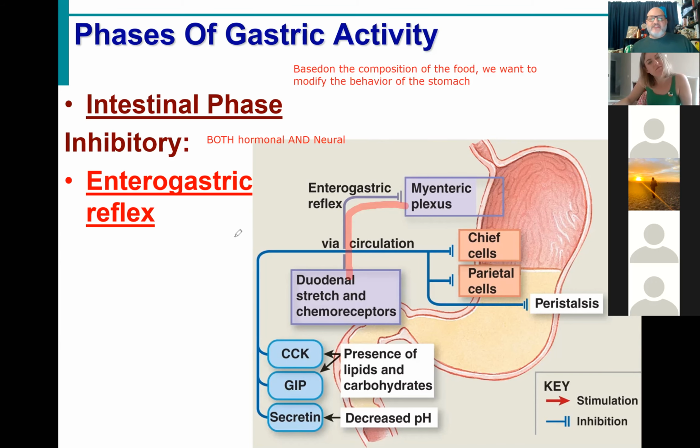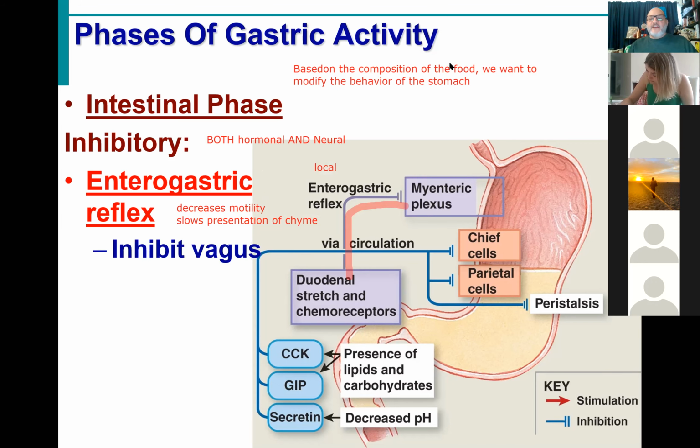This decreases the motility, and if you're decreasing the motility, you're slowing the rate at which the stomach presents chyme to the small intestine. But this is a local effect. However, it also affects the long reflex as well.